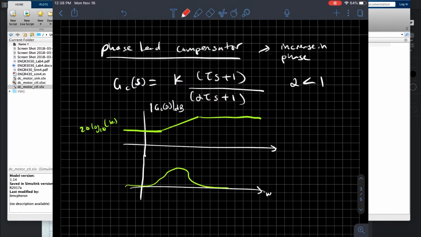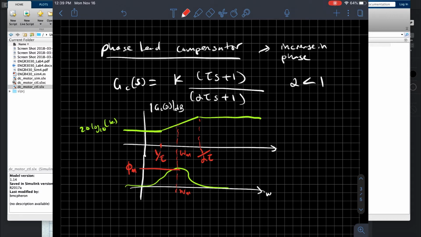The specific frequencies in question here: first of all, I have a middle frequency, omega_m, which we can call the midpoint frequency. The start of the increase in magnitude happens at 1 over tau, and the end happens at 1 over alpha tau. This will add an extra phase, which I'll call phi_m, at omega_m.